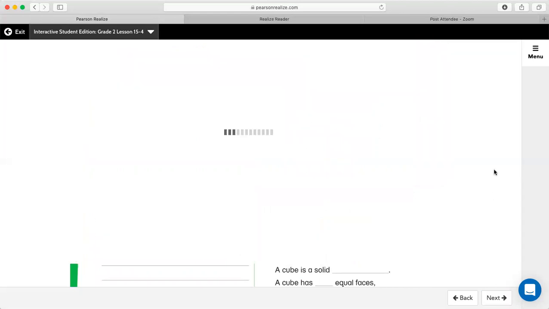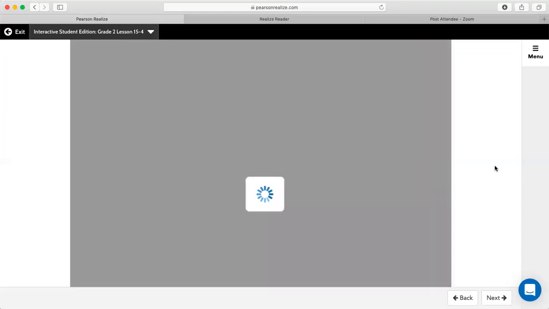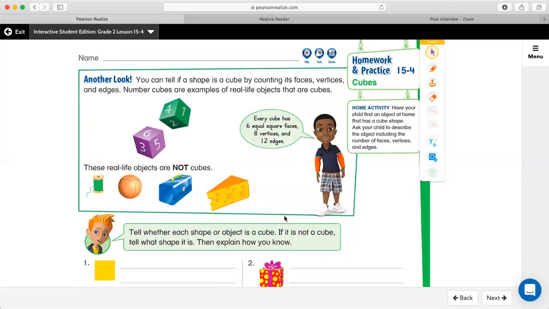And your homework is just going to be another review, okay? It gives us real life examples of things that are a cube and are not cubes. And numbers 1 and 2 down here in your homework, it gives you 2 different shapes, and it asks you if it is a cube or not a cube, and you have to explain why it is a cube and why it is not a cube.